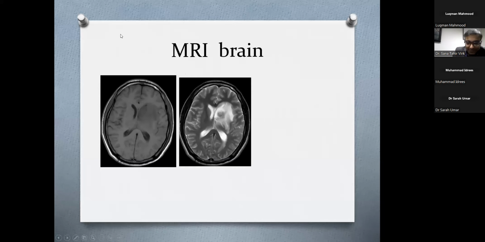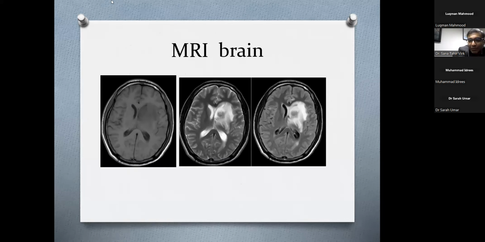This is T2. This is clearly T2 because the CSF is hyperintense. And which one is this sequence? This is FLAIR, because the gray matter at the periphery appears whiter than the white matter centrally. All right. Can everybody appreciate that? Yes.